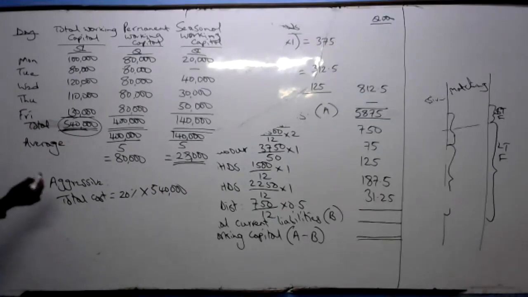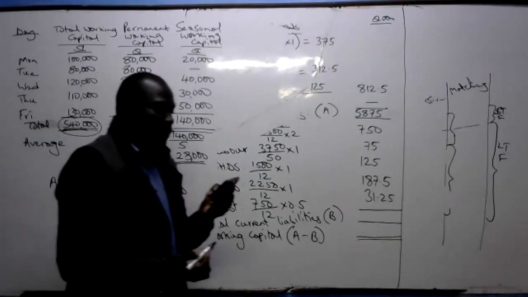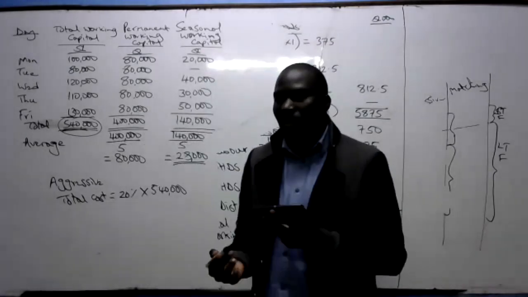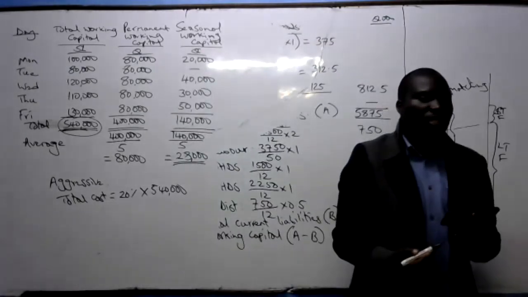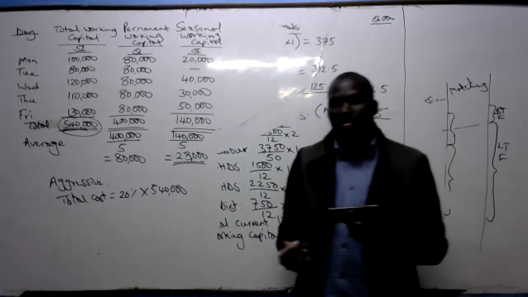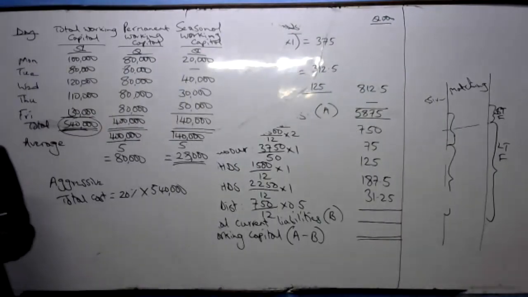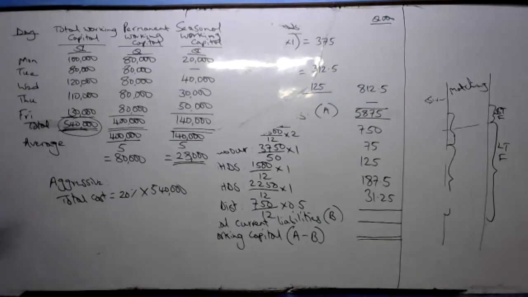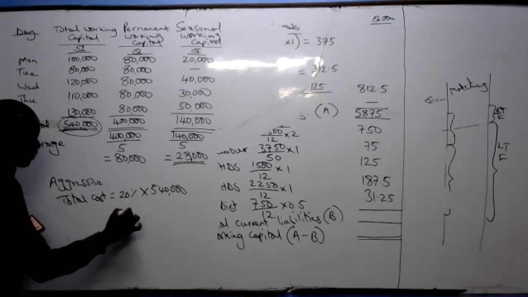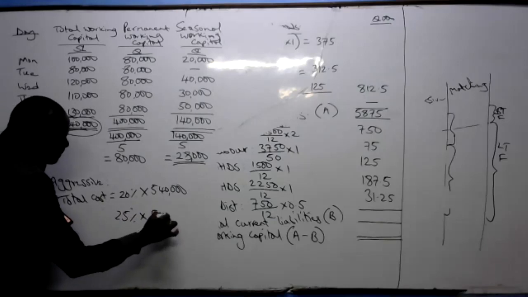Usifanye hiyo kwa swali ni tofauti, utaanza kurevise. If you are using conservative, do you use long term or short term? Conservative uses the long term funds, but the cost will be 25%. So again, 25% of the total.